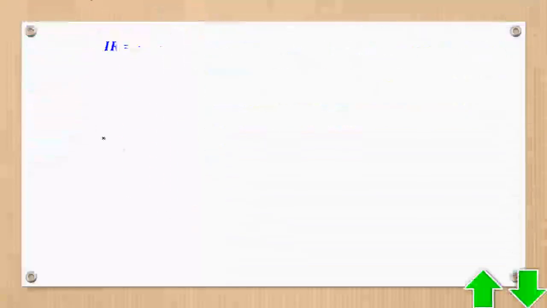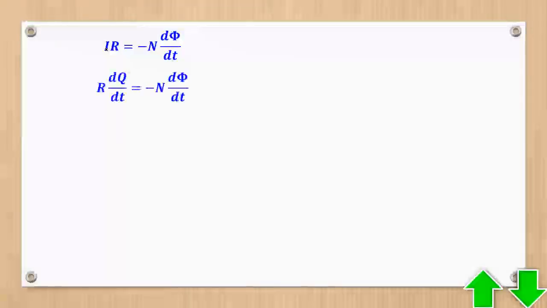So I'm going to substitute for E and also for I. Now here I realize that dt will cancel, so you remain with dq equal to, when this goes this side, negative N over R d phi.